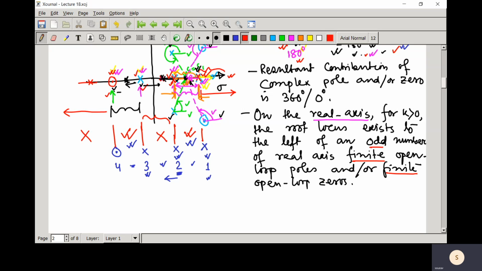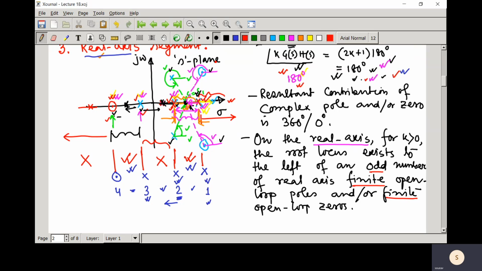So here you may ask, if we have some complex conjugate poles and zeros, then what to do? So first of all, we have discussed, if you have complex conjugate poles and zeros, its contribution is 0 whenever you are on the real axis. So which portion of the real axis belongs to that root locus?